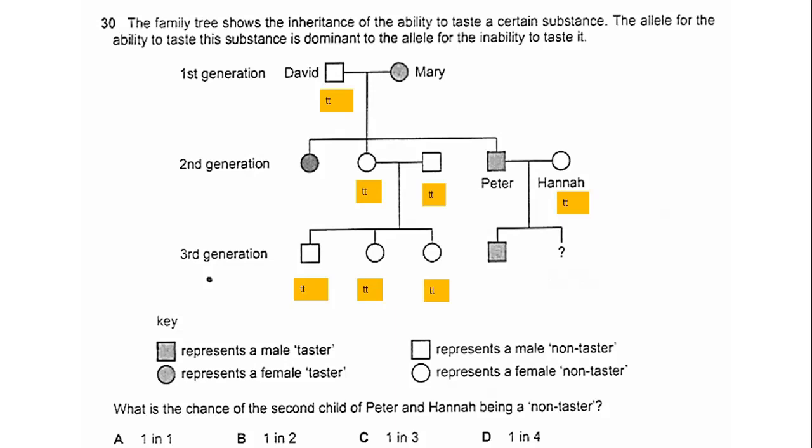The ones showing the dominant trait are the tricky ones because they can be either homozygous dominant or heterozygous. So how will I know? I will look at the offspring. If I see one of them homozygous recessive, this means that they must have inherited another recessive allele from the other partner.